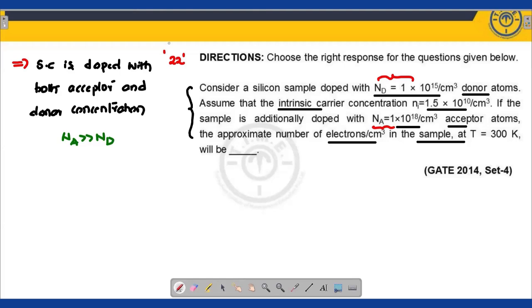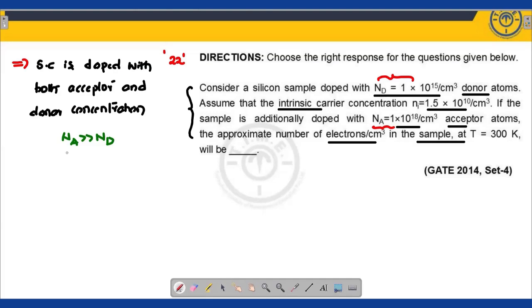Anyhow, the silicon is doped with Nd, so initially it forms an N-type semiconductor, but additionally the sample is doped with Na atoms. Na is greater than Nd, which means acceptor impurities are present.